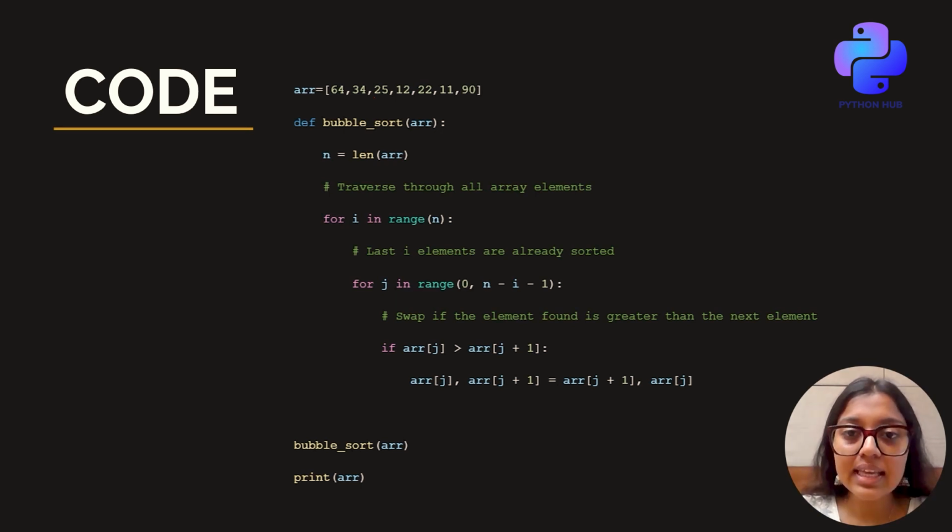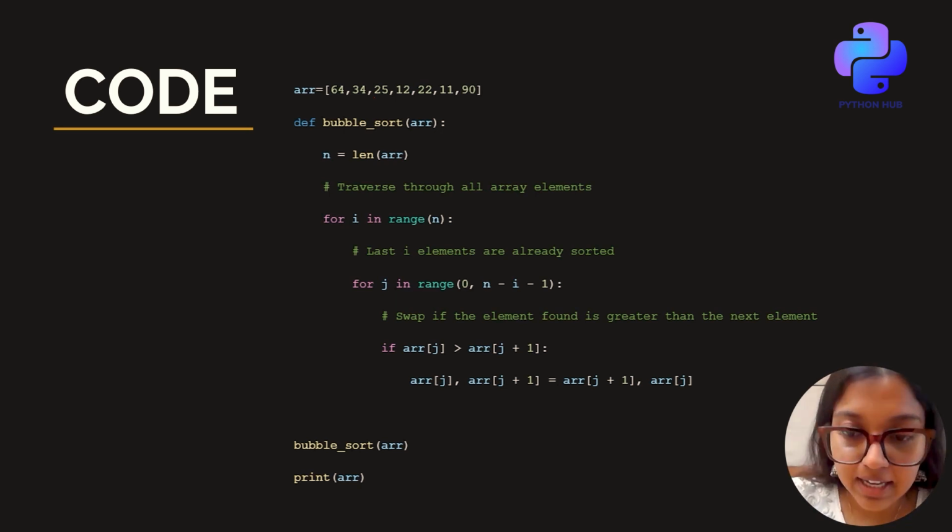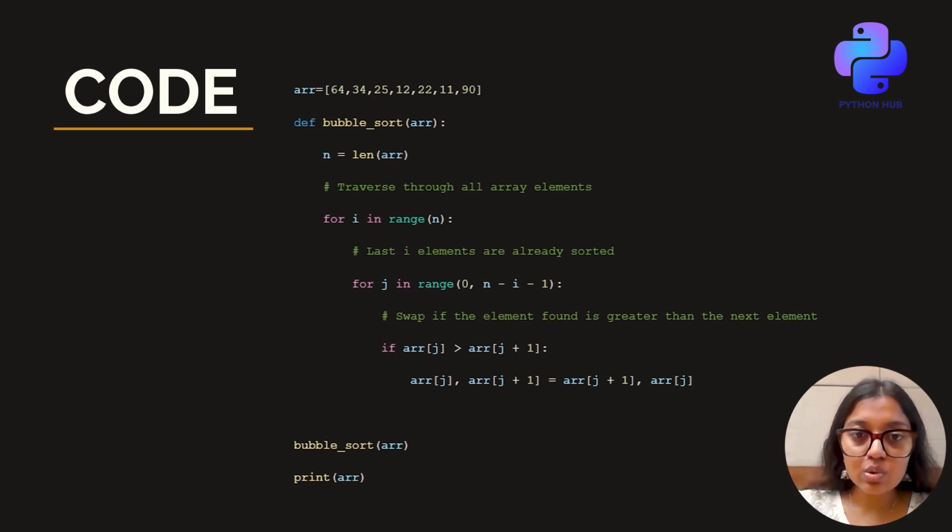Following the example that we have taken here, let's walk through the passes of the bubble sort to see how the array becomes fully sorted. This is our initial array: 64, 34, 25, 12, 22, 11 and 90. For the first pass, where i is equal to 0, we'll compare 64 and 34.